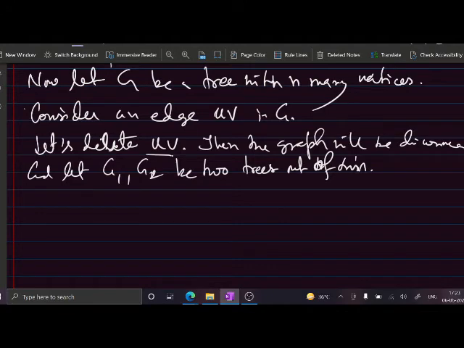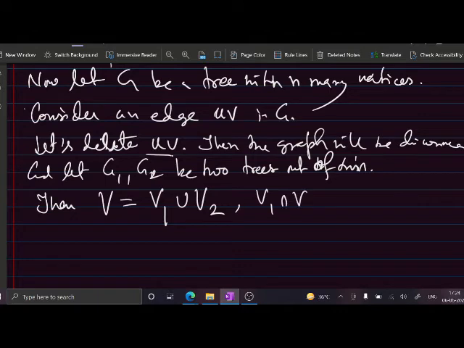Suppose V is the vertex set of G, V1 is the vertex set of G1, and V2 is the vertex set of G2. Therefore V1 union V2 is V, and not only that, V1 intersection V2 is phi.